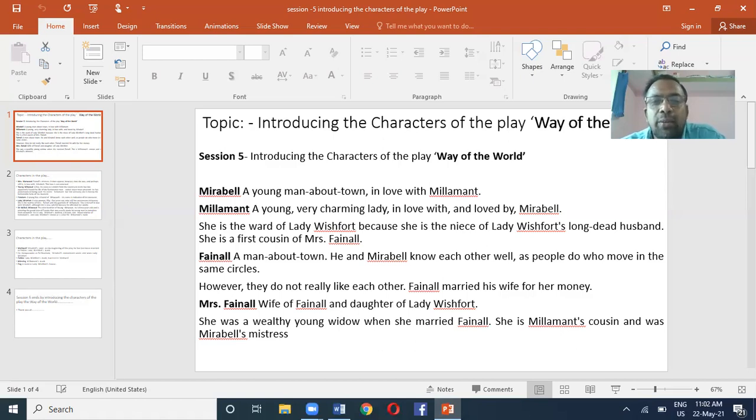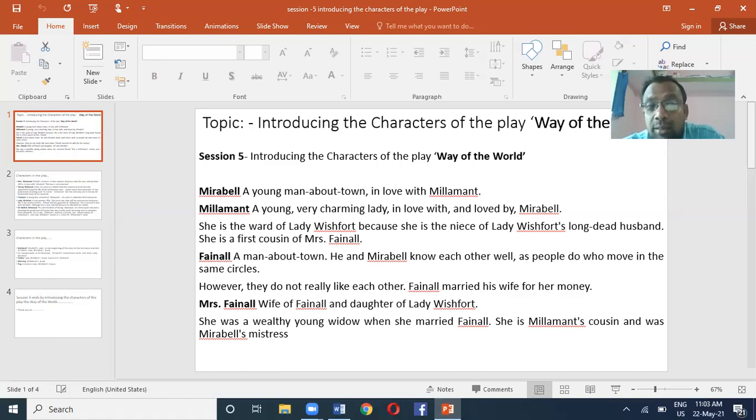She was a wealthy young widow, and she got married. She is Millamant's cousin and was Mirabel's mistress. See that.